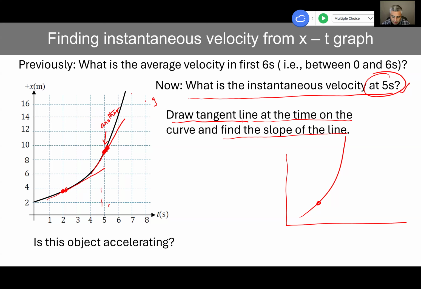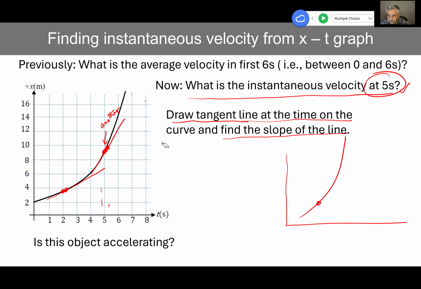Okay. So this is the tangent line at 2 seconds, and this is the tangent line at 5 seconds. The slope of these lines at those points gives you the instantaneous velocities at those points.